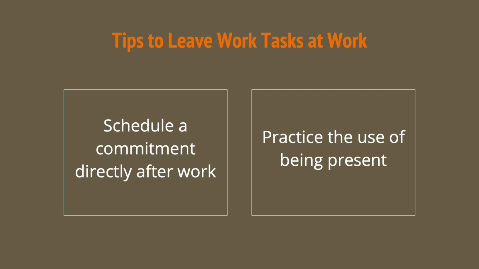An example can include committing to a workout session directly after work hours or committing to yourself to complete a journaling session. Another tip for leaving work tasks at work is practicing the use of being present. This practice allows for you to dismiss unwanted thoughts from work or school when being outside of the facility or outside of contract hours.